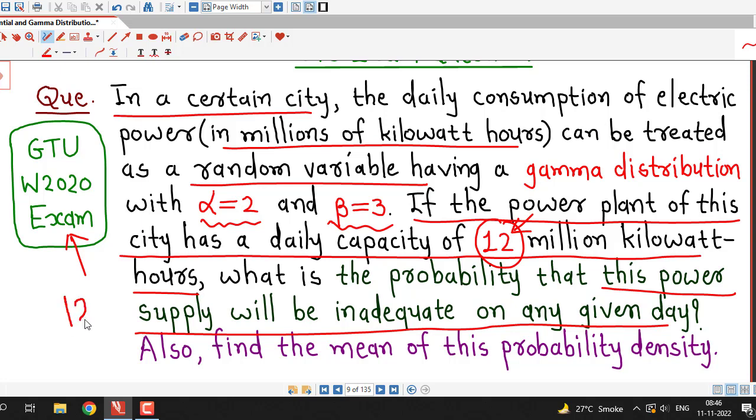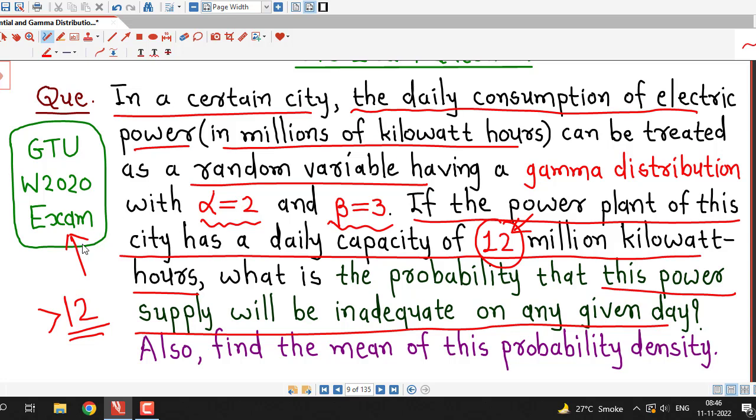So if the requirement of electric power is greater than 12 million kilowatt hours, then power supply will be inadequate on any given day, because the capacity of the power plant is 12 million kilowatt hours. And here it is already given that the random variable is the daily consumption of electric power.